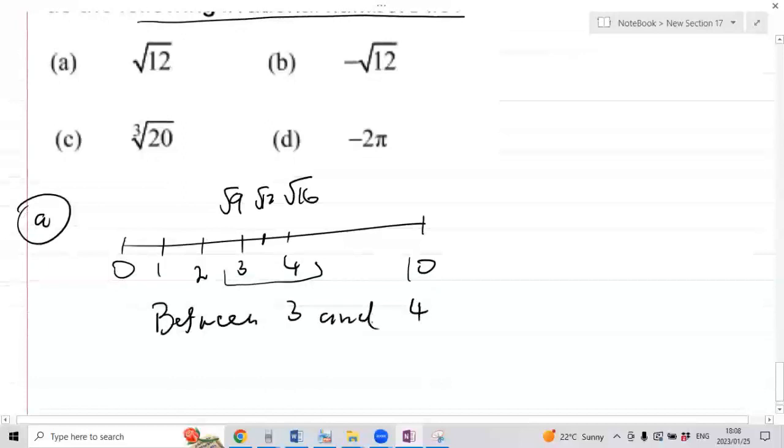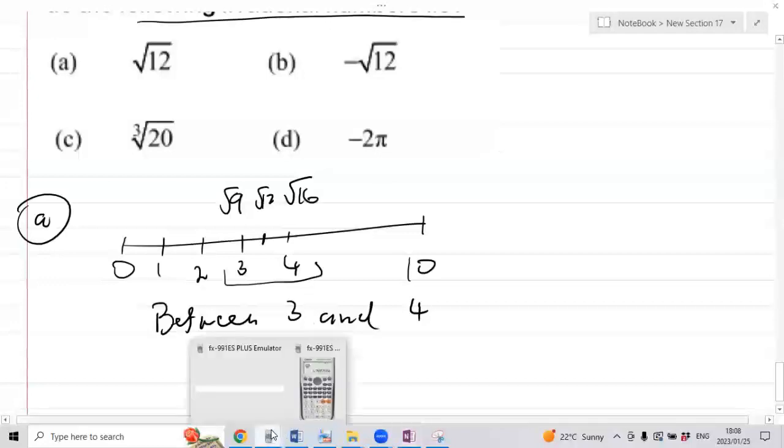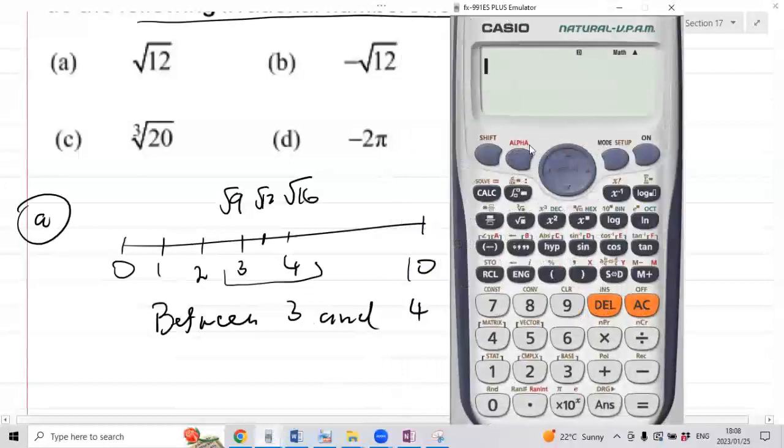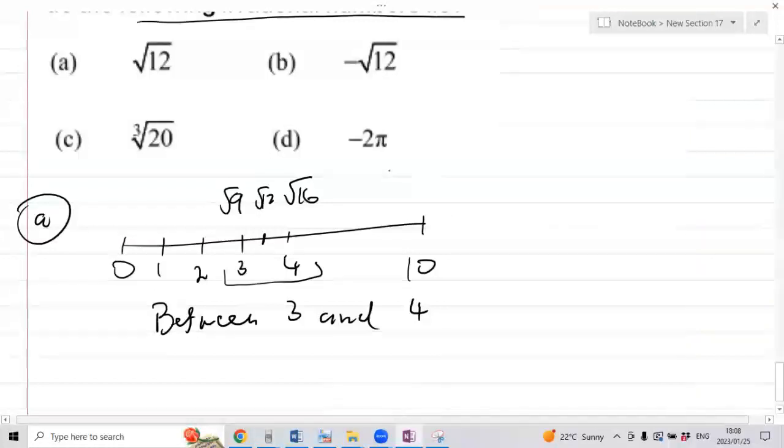Okay, we can check our answer using the calculator. The square root of 12 equals 3.464, and you can see 3.464 is between 3 and 4. Okay, let's look at the next example.